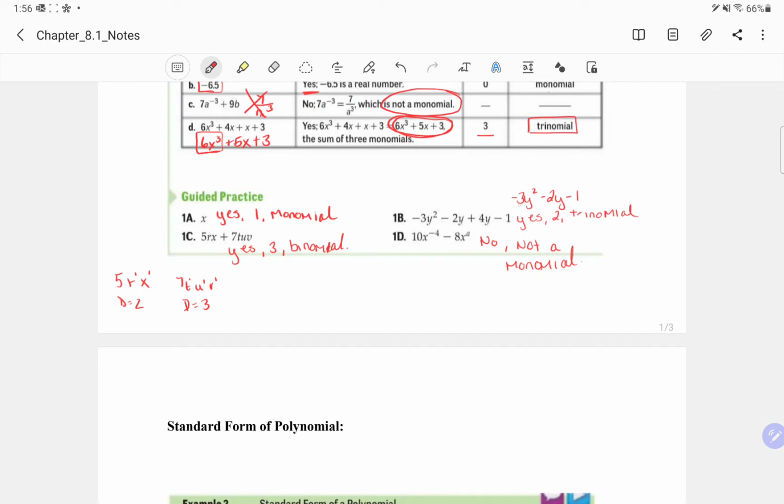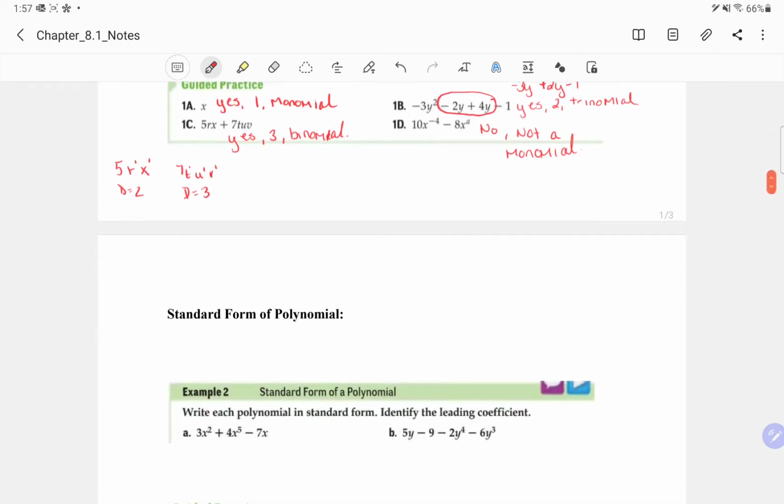For 1b, I had to simplify this here. Okay, the -2y plus 4 became plus 2y. So I had to simplify that into one term, but I did, and I got that. Yes, this is a polynomial. The degree of it is 2, and it is a trinomial. Okay?